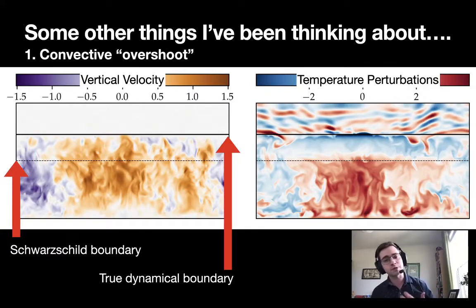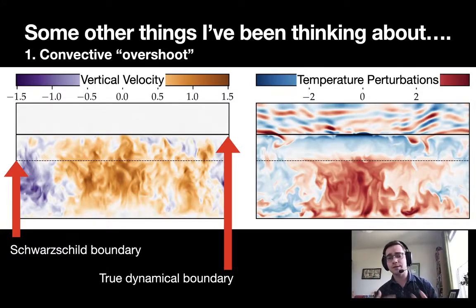Now, if you look over at the temperature perturbations, the orange upflow on the left is a red hot upflow in the bottom convection zone, but then above the dashed line, it actually flips its temperature perturbation sign, so it becomes a cold upflow in this convective overshoot region before it hits the solid horizontal line and then excites gravity waves in the stable region above that.